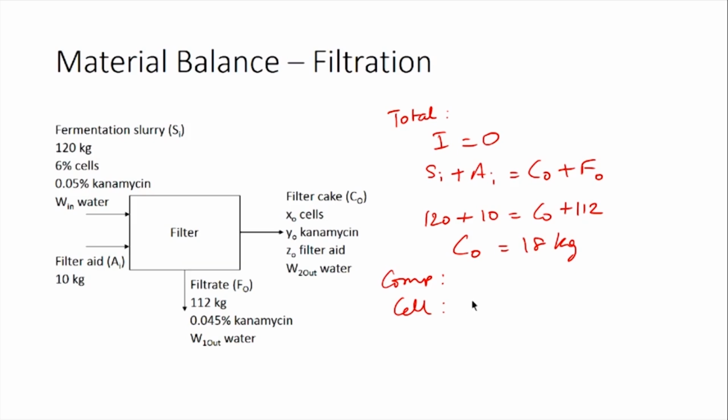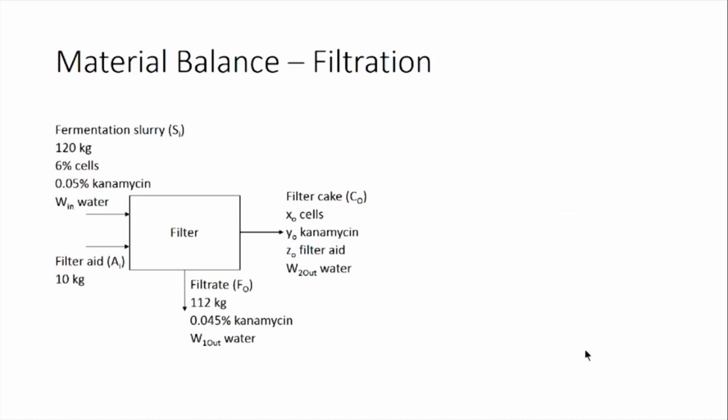So, this would mean input equals output, implying 6% of the fermentation slurry, which is 0.06 times 120, is equal to X0. So, X0 is equal to 7.2 kilograms.